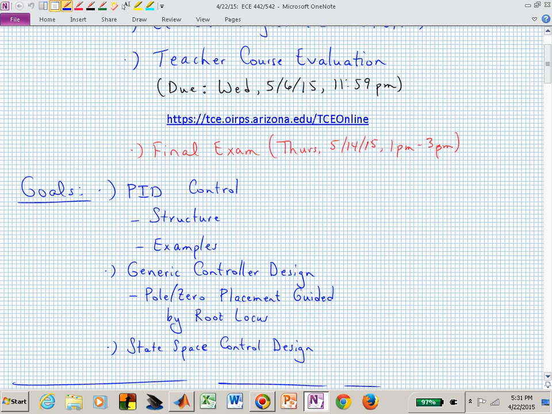Today what I want to do is start with PID control, really show you what that looks like generically. By generically, I mean that could be either analog or digital, and then we'll simply show you the analog piece. It's cleaner, or easier, to think in analog terms or in the S domain when we speak of proportional, integral, and derivative terms. We'll look at the structure, then we'll show you what it looks like in the discrete time sense, or for a difference equation, and then we'll derive where that comes from.